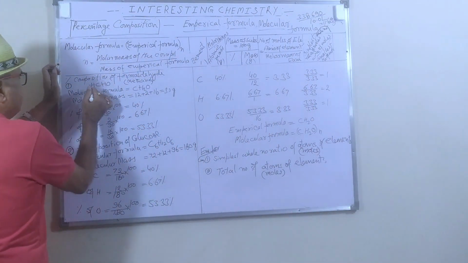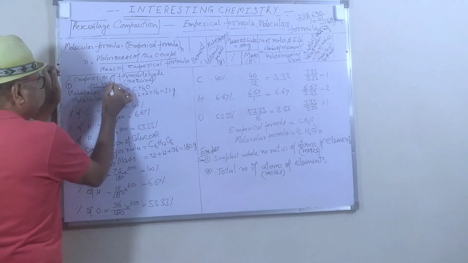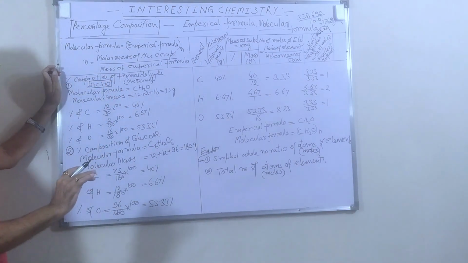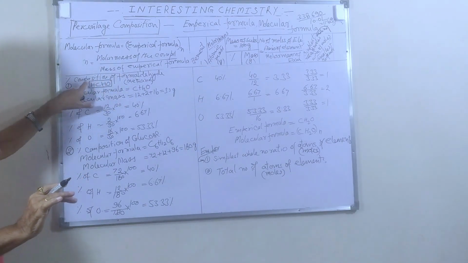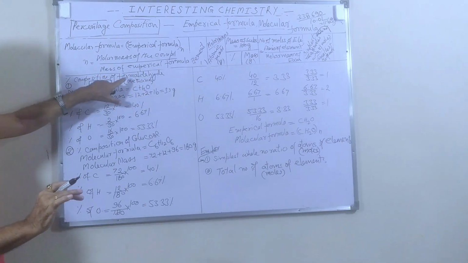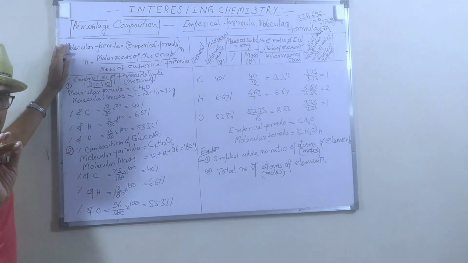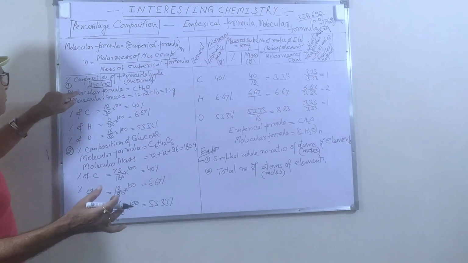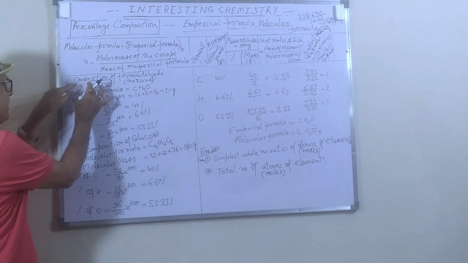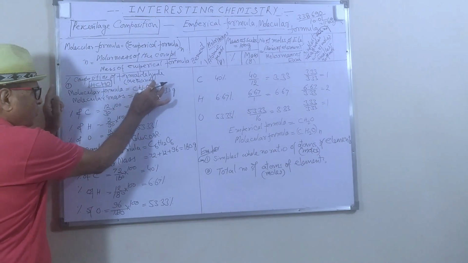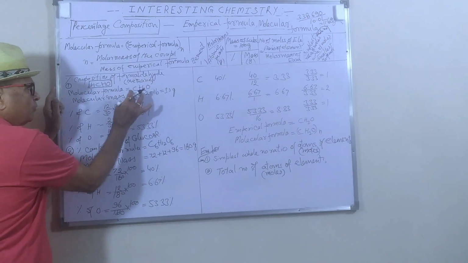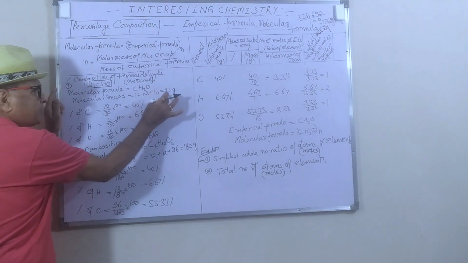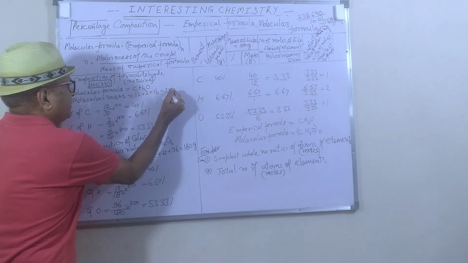I have taken two compounds. The first compound is CH2O, which is also called formaldehyde. First of all, find out the composition of formaldehyde. The molecular formula of the compound is CH2O. So the molecular mass is 12 plus 2 plus 16, which is equal to 30.